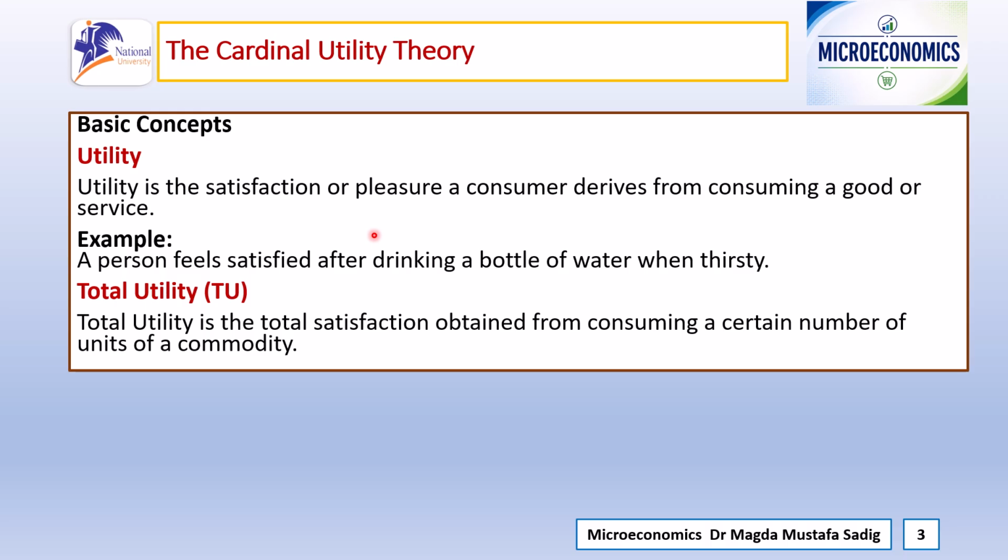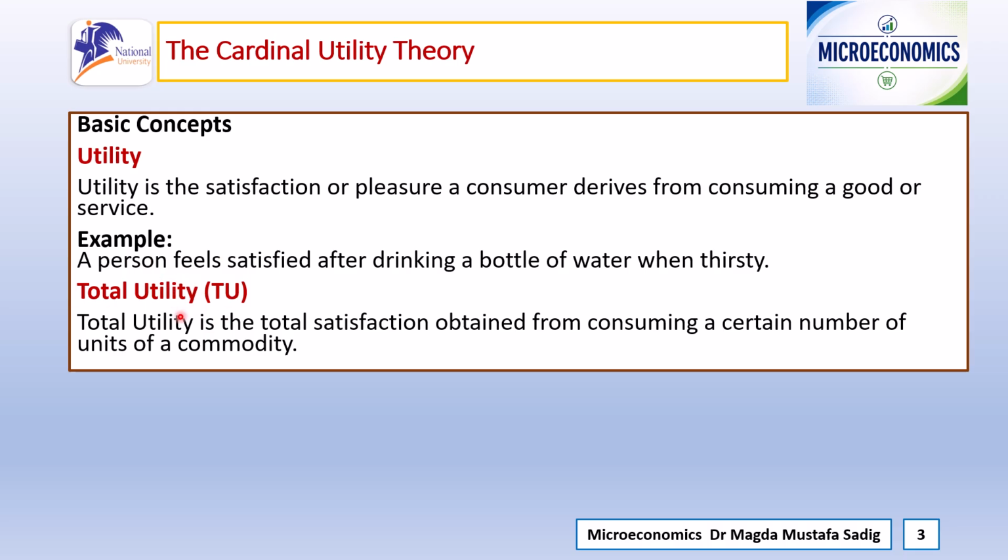Therefore, the amount of utility obtained depends on individual preferences. Economists do not judge whether you prefer it or not; instead, they simply study how these preferences influence consumer decisions.